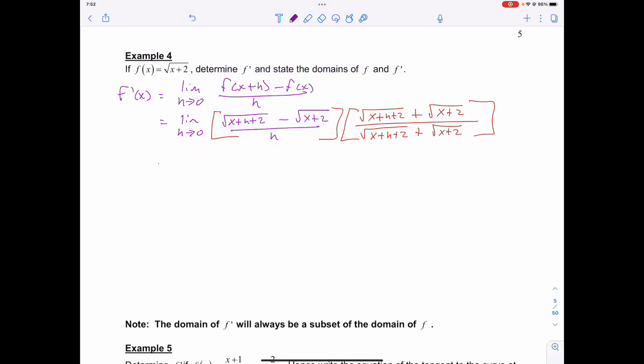This is going to give me the limit as h approaches 0 of x plus h plus 2 minus x plus 2, and that's all going to be over h times the square root of x plus h plus 2 plus the square root of x plus 2.